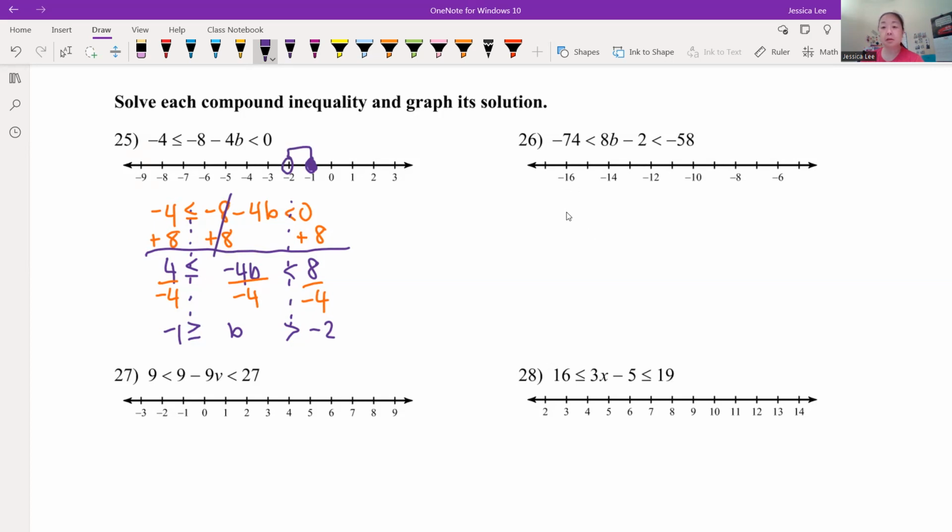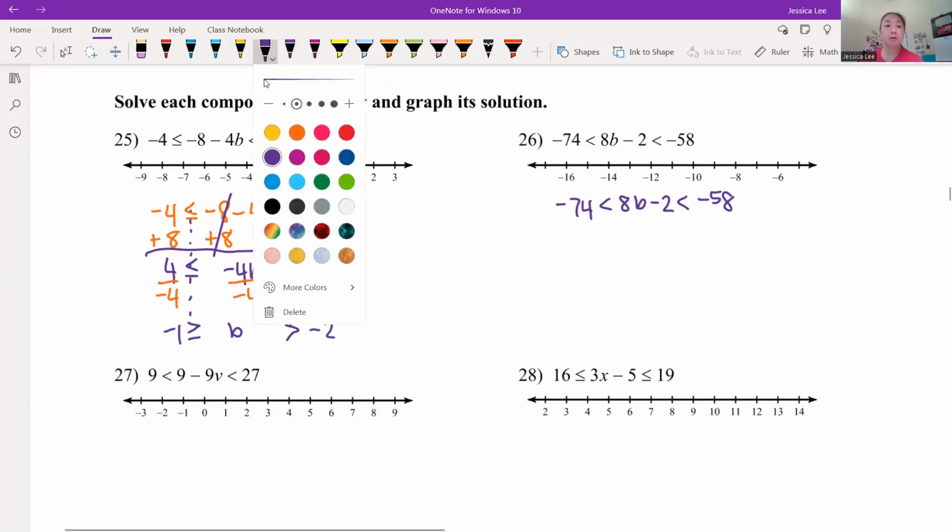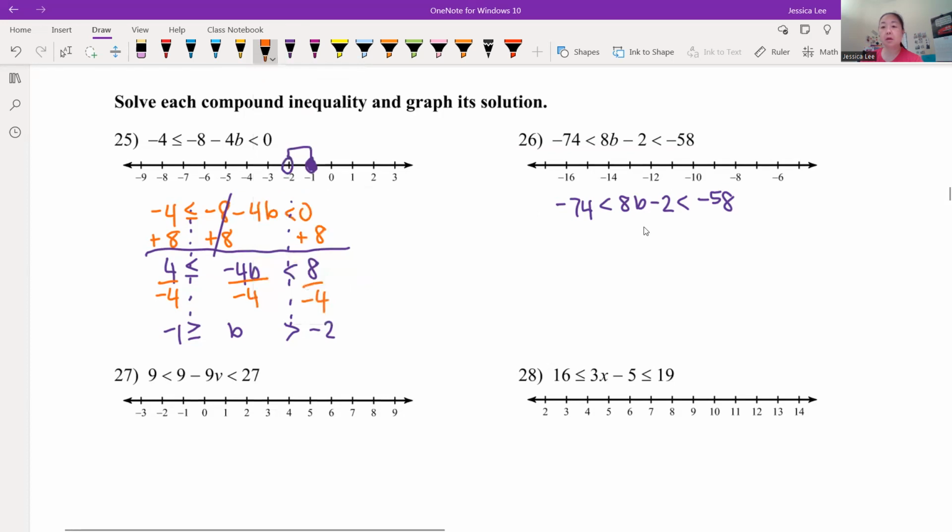All right, let's try this again. -74 is less than 8b minus 2, which is less than -58. All right, and we're going to add 2 to all 3 sides. And if you want to do your dotted lines, you can kind of see better where your sides are. You totally can do that.